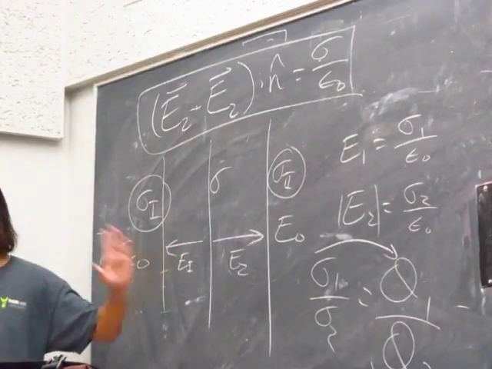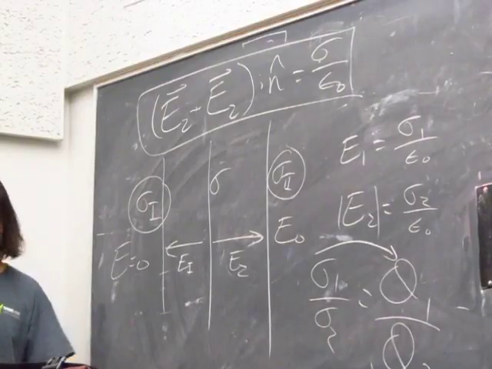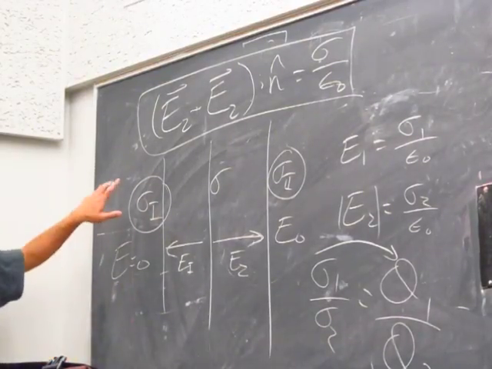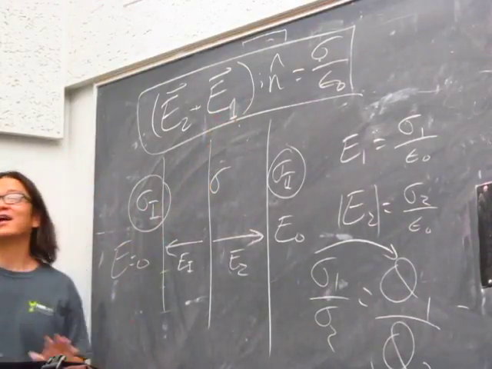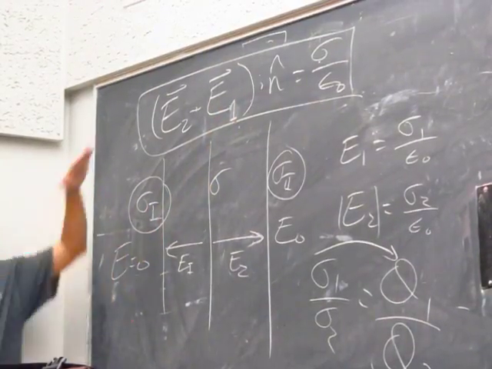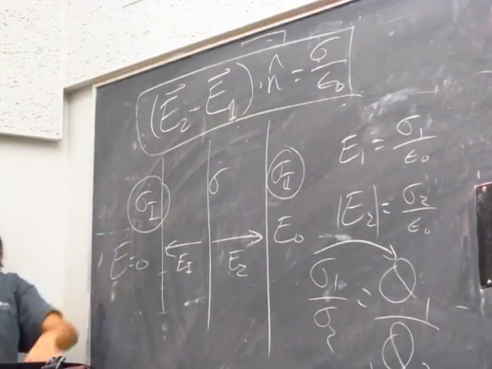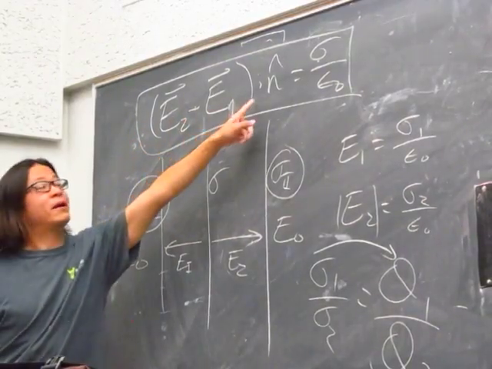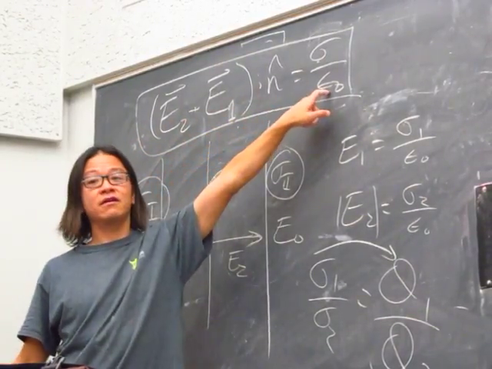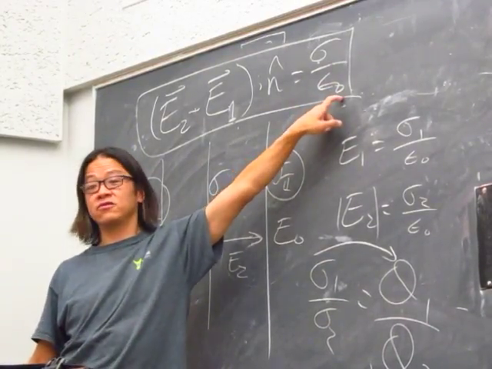How is that supposed to be E2 minus E1? Yes, E2 minus E1. Basically, along any surface, this is also another one of the statements for electrostatics. Any surface with a surface charge density, the normal part of the electric field has a discontinuity equal to sigma over epsilon naught. It's always true.